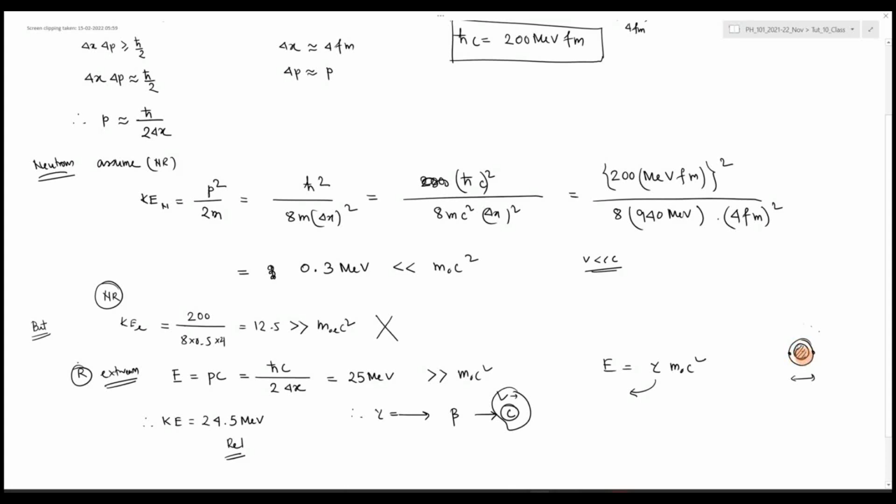In this region it cannot stay at all because it's impossible; v is greater than c for the region less than 1 Fermi meter. But for the region less than 4 Fermi meter, it makes little sense because v is also approximately close to c. Electrons have very high speed within this region. So that's why we cannot say that the electron will be inside this region.